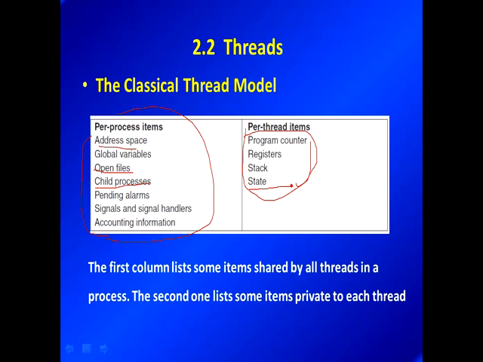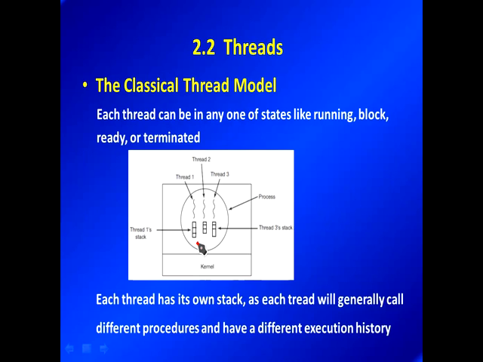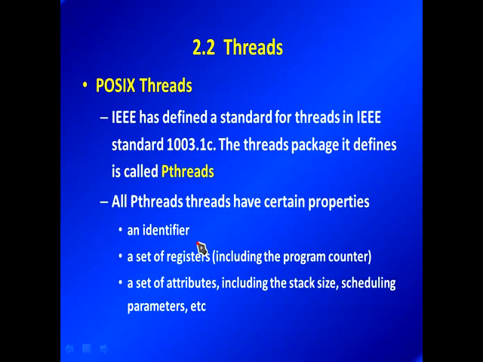So they can have different states. The different threads can have different states, stack, registers, and program counter content, but they have exactly the same address space, files, and child processes, etc. So that's all about the threads you need to know.